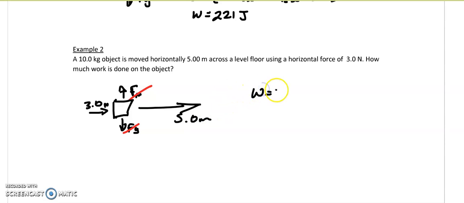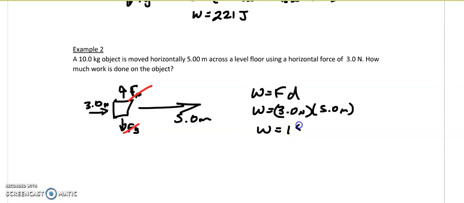And so the work is equal to force times displacement, right? We're using the 3 newton force multiplied by 5.0 meters. And so the amount of work done is 15 joules. You don't worry about the 10 because it's not operating in the same direction as the displacement.